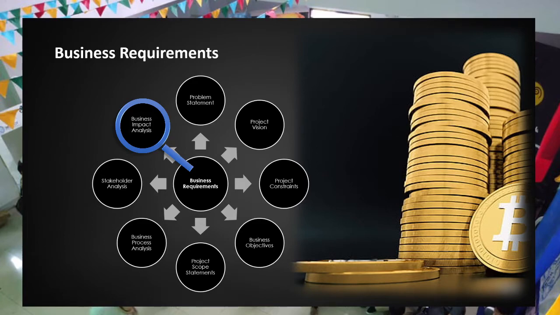BIA is the process of determining the criticality of business activities and associated resource requirements to ensure operational resilience and continuity of operations during and after a business disruption. The BIA quantifies the impacts of each disruption on service delivery, the risk of service delivery, and recovery time objectives and recovery point objectives. These recovery requirements are then used to develop strategies, solutions, and plans.